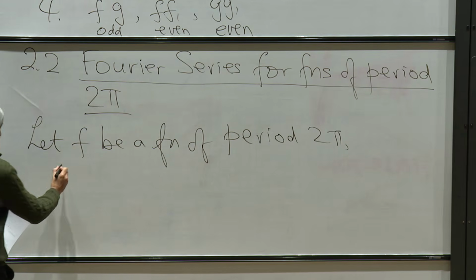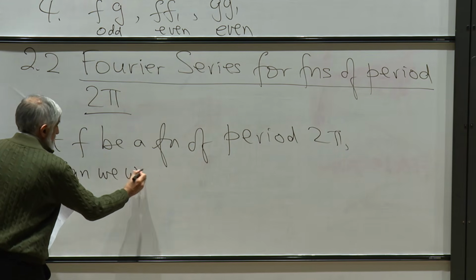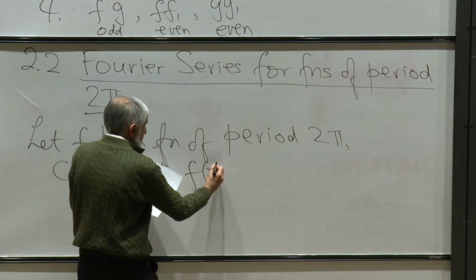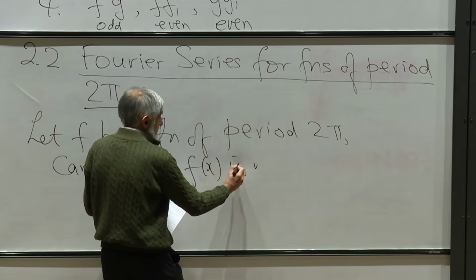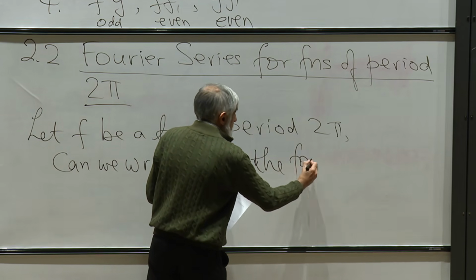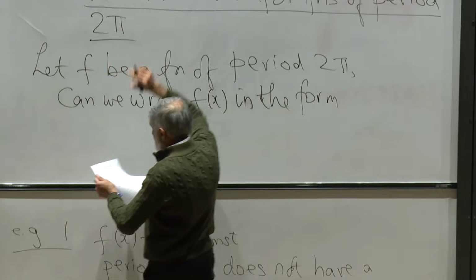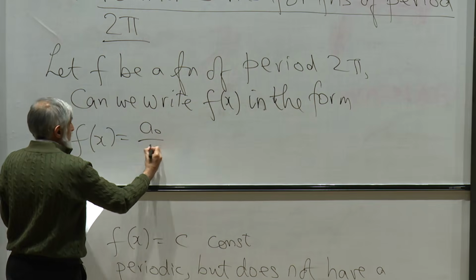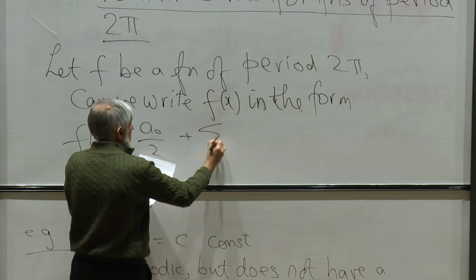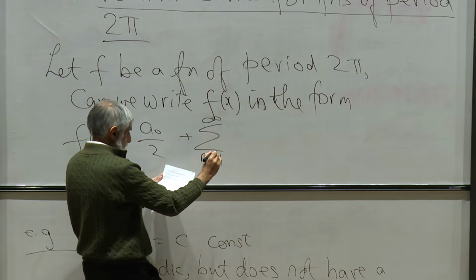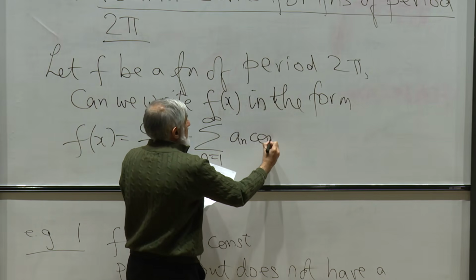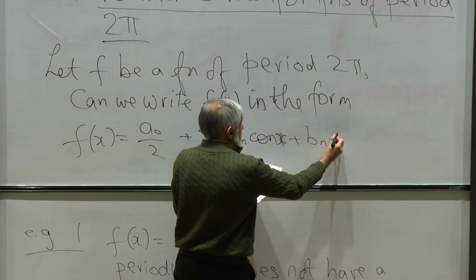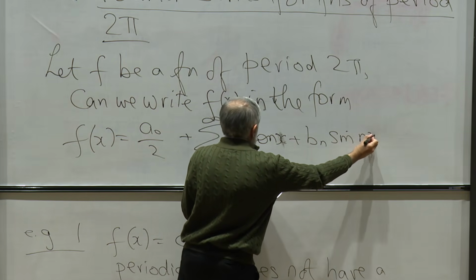And the question is, can we write f of x in the form f of x equals a naught over 2 plus the sum from n goes from 1 to infinity of a n cos n x plus b n sine n x?